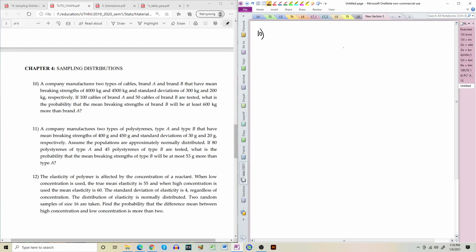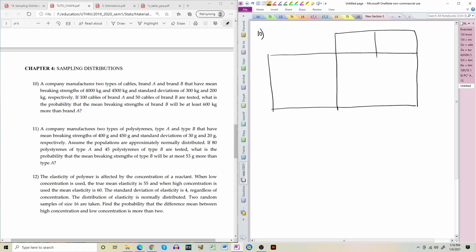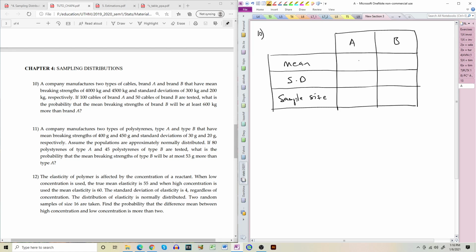Again, you have to do a table: A, B, mean, standard deviation, sample size.